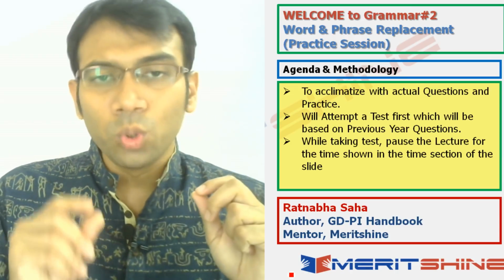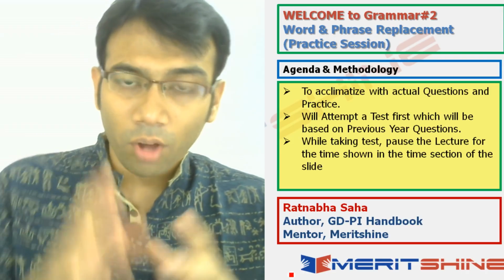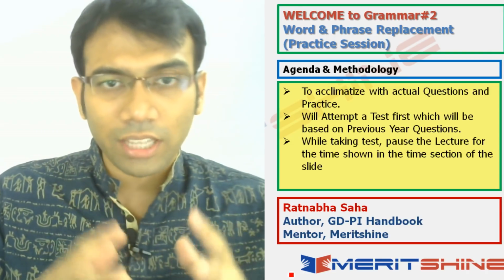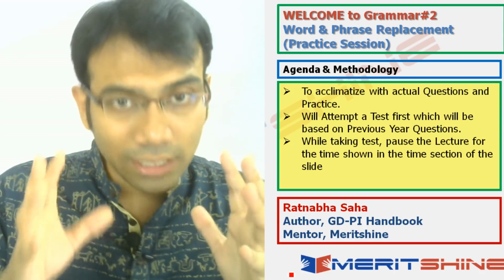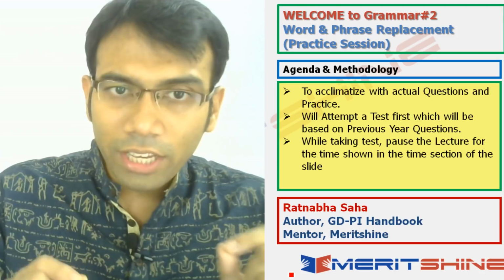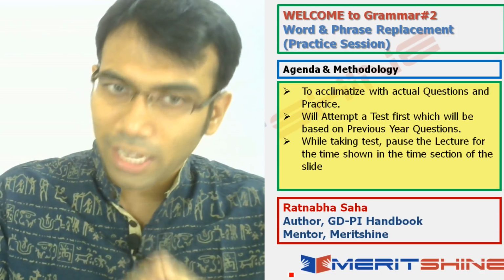I'll be giving you the time that is necessary to take that test on that slide. If, for example, there are 3 questions on that slide, I'll give you a stipulated time, and that is what you would use to do those questions.